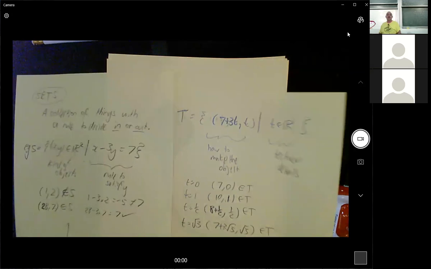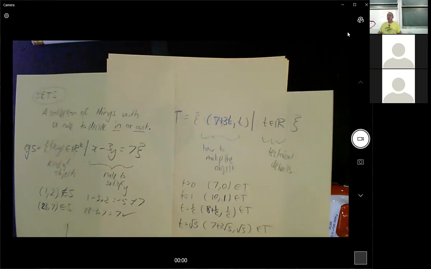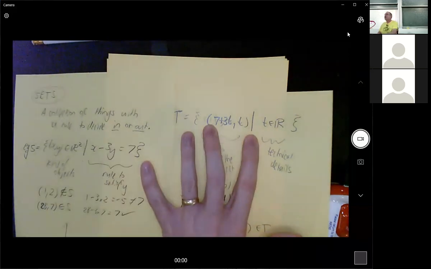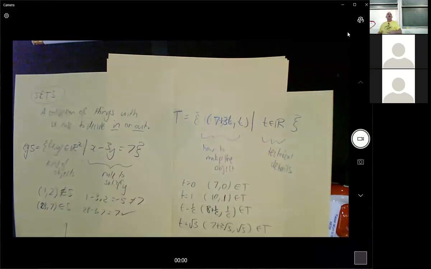So if you've studied certain terminologies, someone will call this a Cartesian description of this set, and some people will call this a parametric description of this set. One of the ideas that you use in subspaces is converting between them. And you actually know one of those ways, and it will be clear soon.